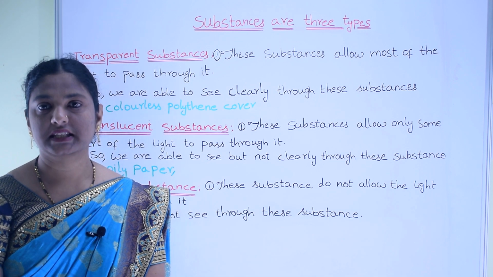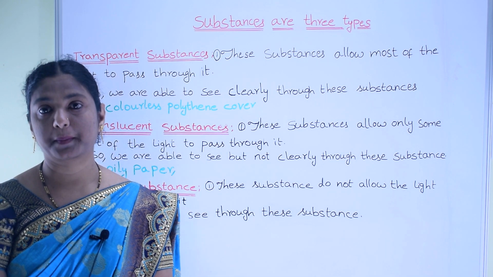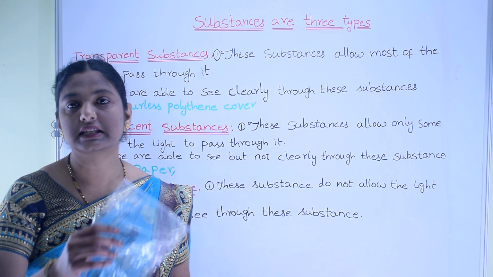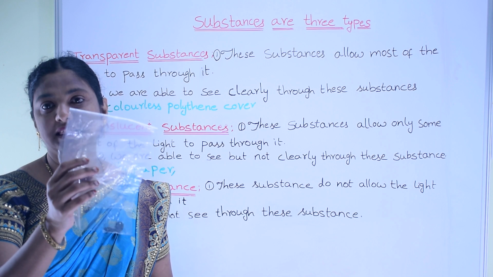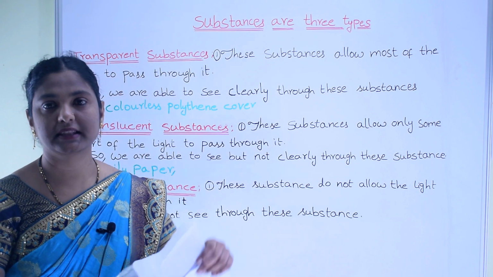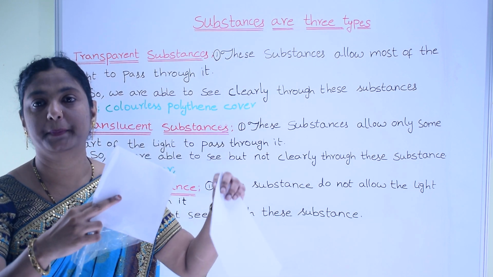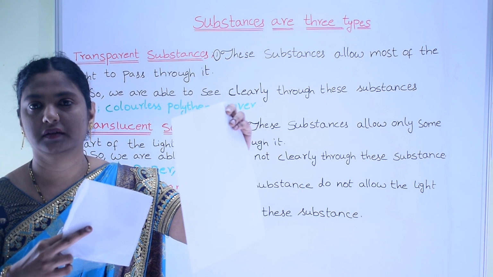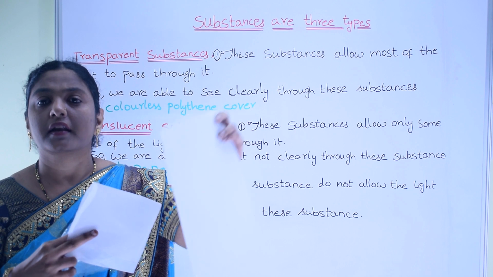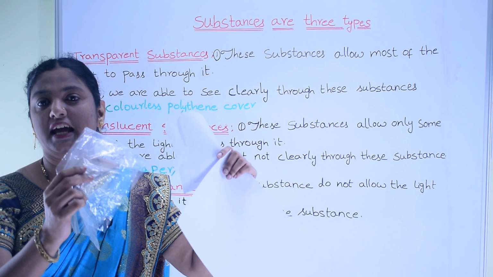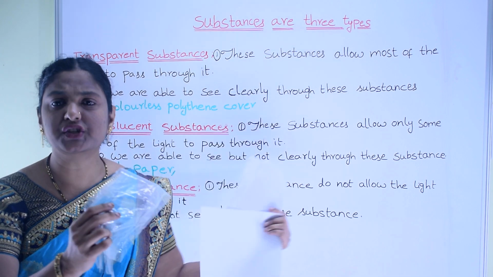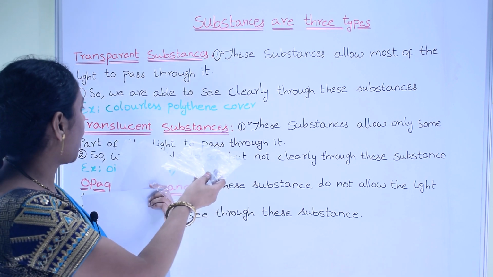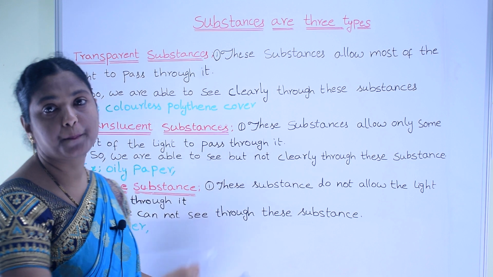Before knowing this, I will show three types of papers to you. This is a colorless polythene cover, this is oily paper, and the third one is an ordinary paper. Now I will show to which type of substance these belong, whether it is transparent, translucent, or opaque.